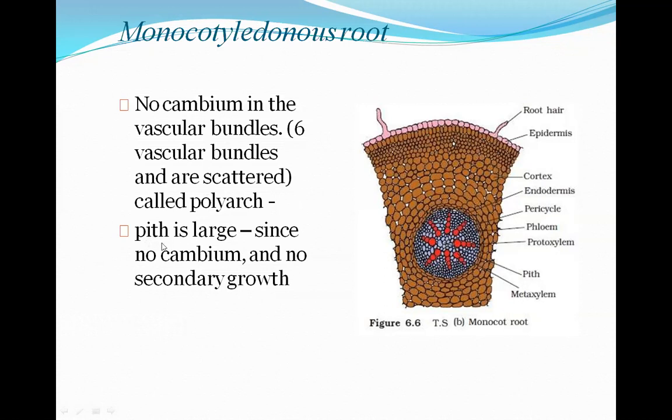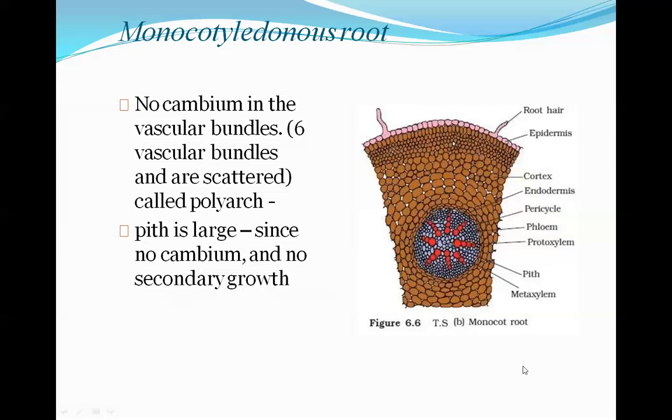There is the presence of pith which is large in size, and as the cambium is not present, no secondary growth is observed. So we can understand that through the cambium secondary growth is imparted, but if there is no cambium ring, then there will be no secondary growth in the monocot roots.